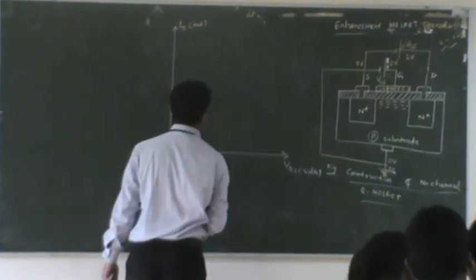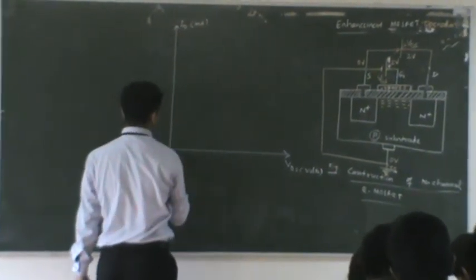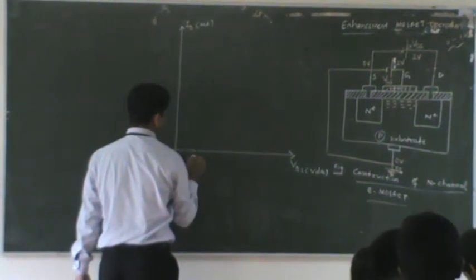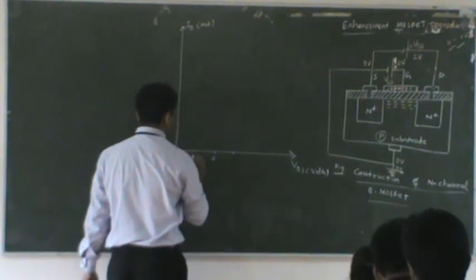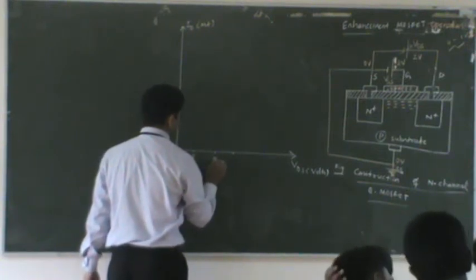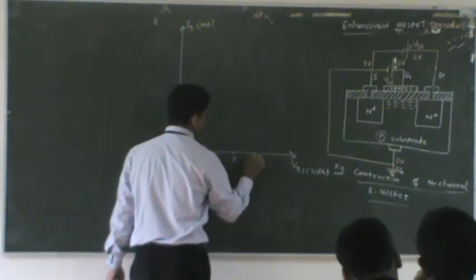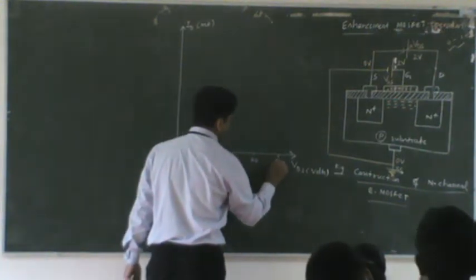As usual, the x-axis is volts and the y-axis is going to be milliamperes. Let's take the scale as 5, 10, 15, 20 and 25.